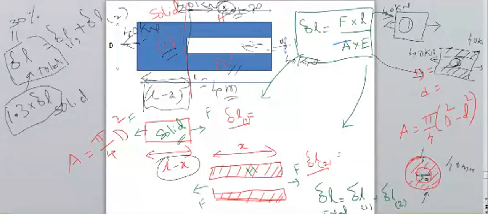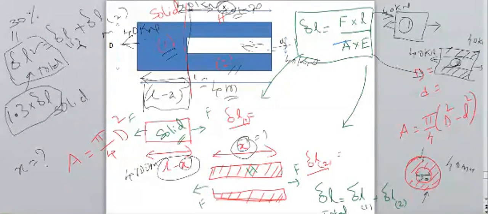The L values are unknown for both portions, so we substitute them in terms of X and L minus X. L is a known value, 4,000 mm, so the only unknown is X. Substituting everything into the equation, I can find X.